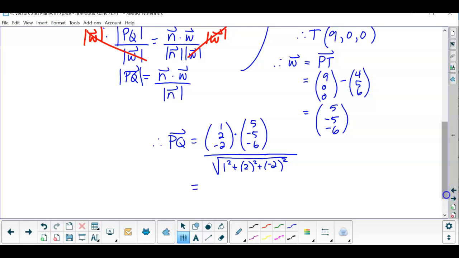So 5 minus 10 is negative 5, plus 12 is 7, 1 plus 4 plus 4 is 9, root of 9 is 3. Okay, this should be the magnitude.